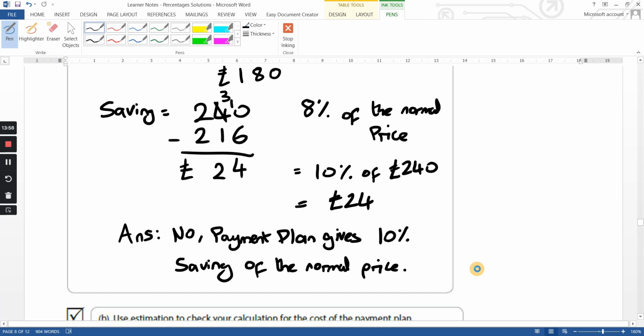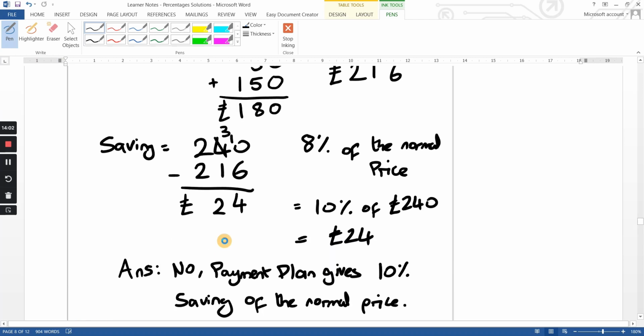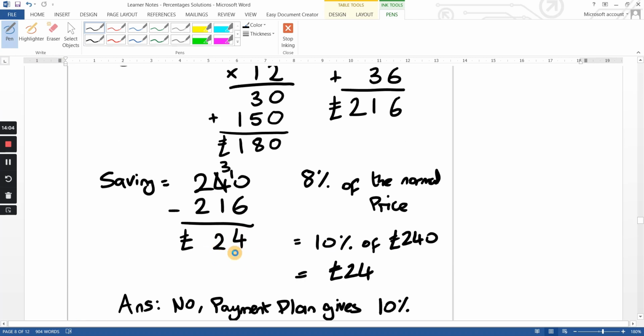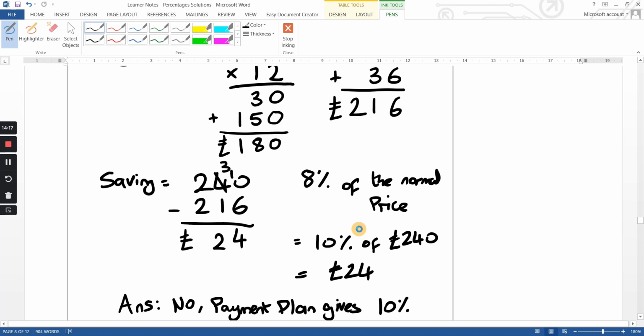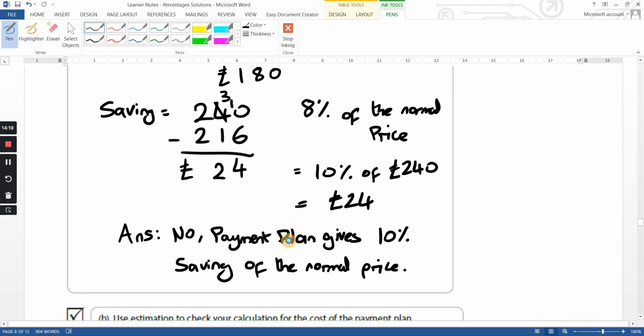That's one solution you could give. You could give other solutions as well, but it's definitely going to be no, as long as you can show that the £24 saving is not the same as 8%. Then you've proved that it's not the same thing. So there are many solutions for this.